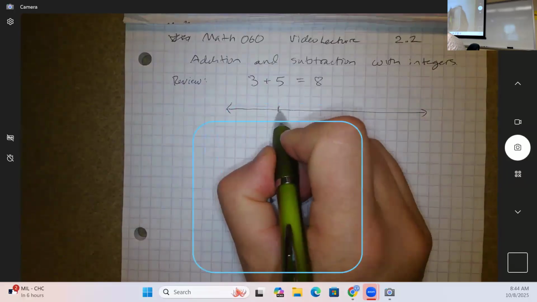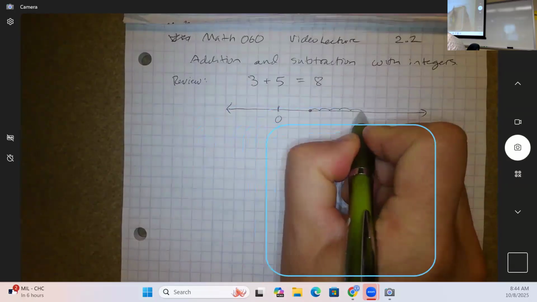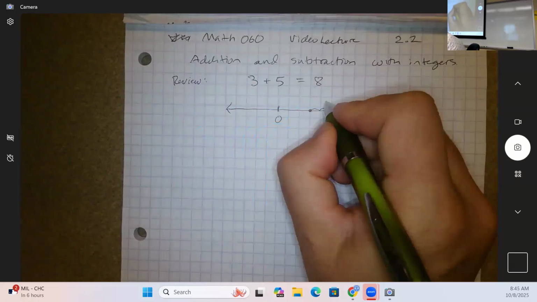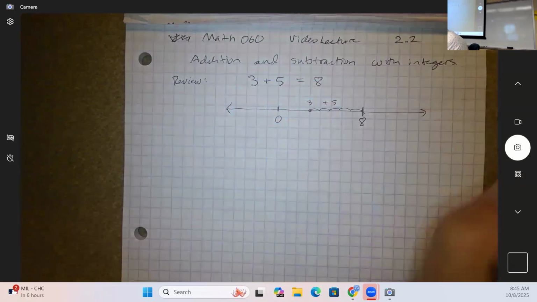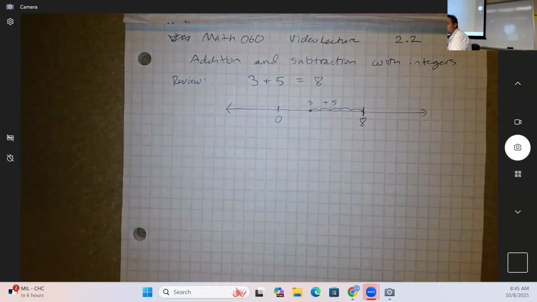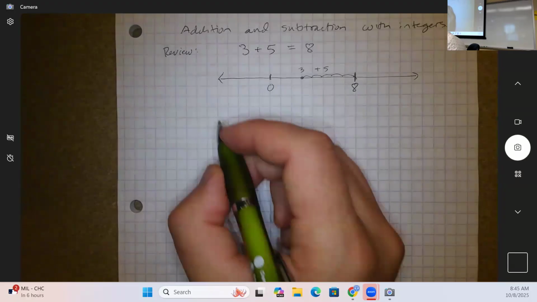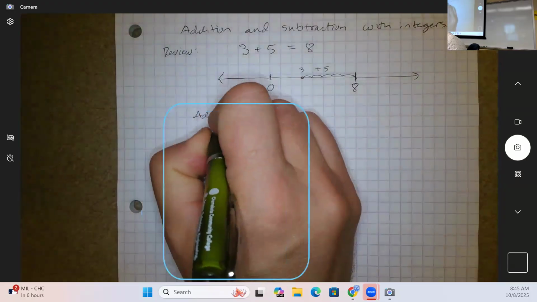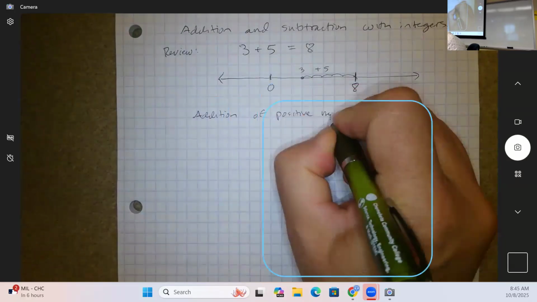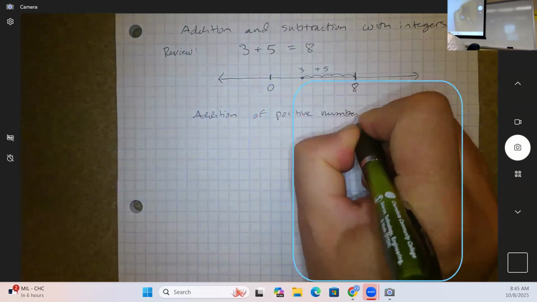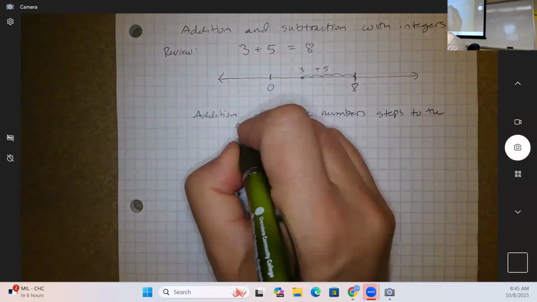I start here at 3 and take 5 more steps, and I end up here at 8. So addition of positive numbers is steps to the right.